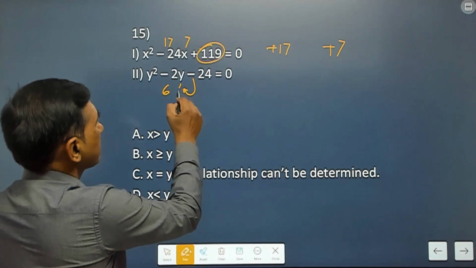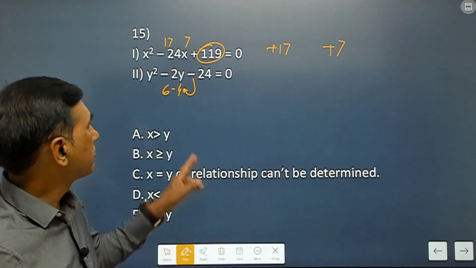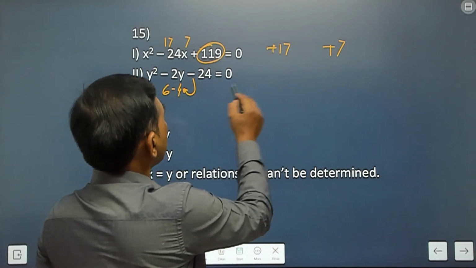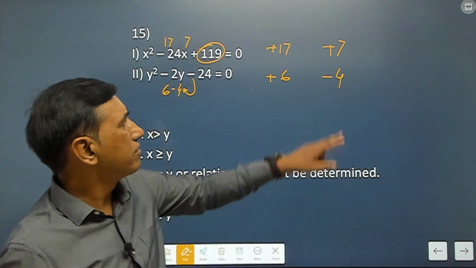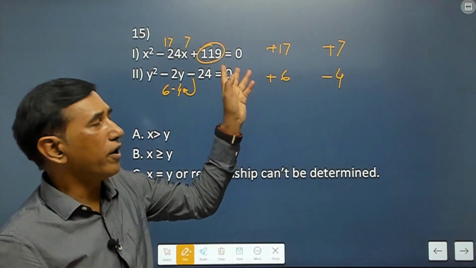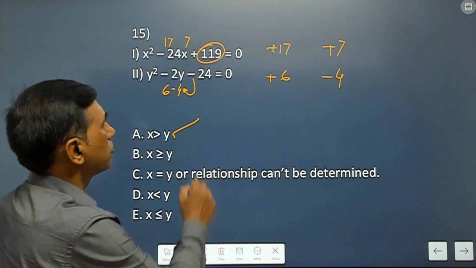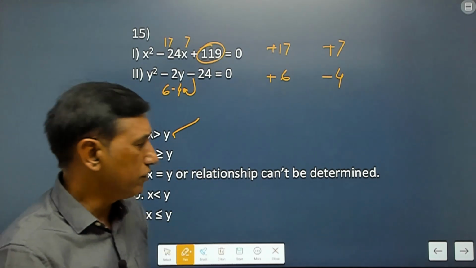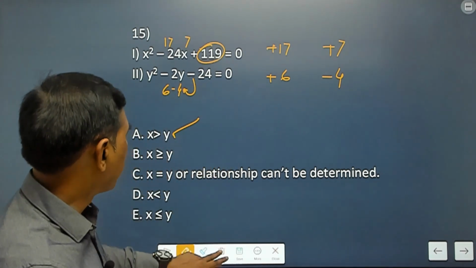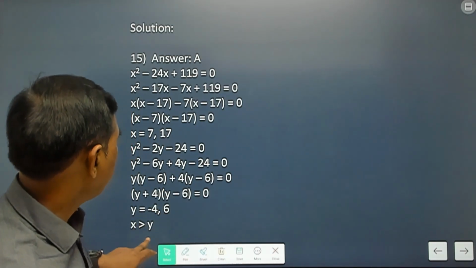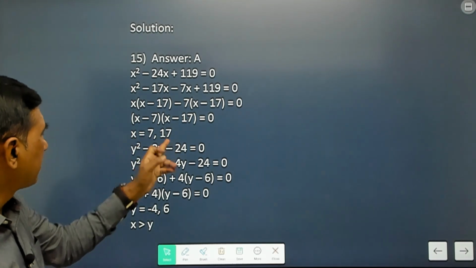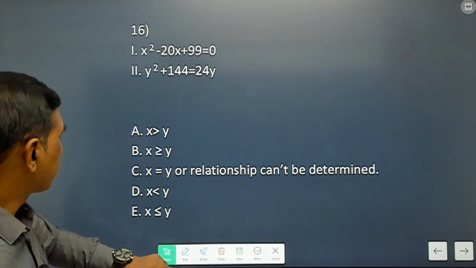So 6 and 4, 6 minus 4 is 2, 6 4s are 24. So plus 6 minus 4. Since 7 is greater than 6, x is greater than y. Here you don't have to go for anything else. X is greater than y. 17 minus 4, 6.